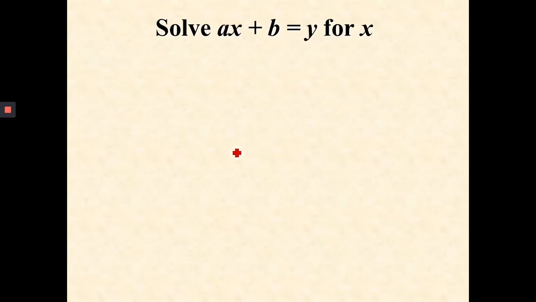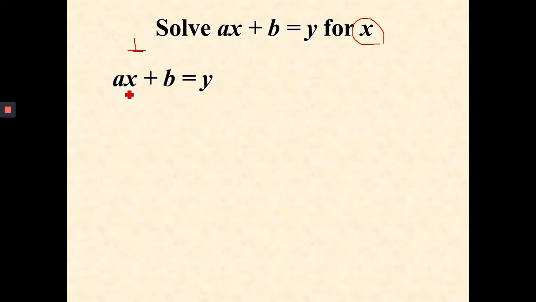Okay? Next, we have here. Solve ax plus b equals y. Solve for x. Okay? Again, we're going to isolate your x. Just one. Your x is on the left side of the equation. Your x has a coefficient of a, and it has here b.